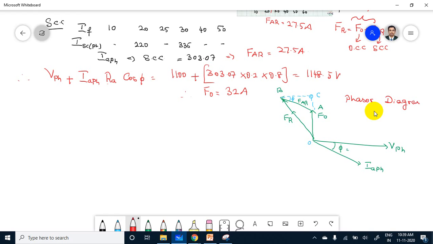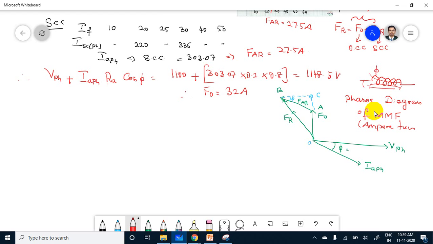of the MMF method. The MMF method has another name, the ampere turns method. Why are we calling this ampere turns? This is the winding. When you apply the voltage, lines of force will be produced, and we get the flux.